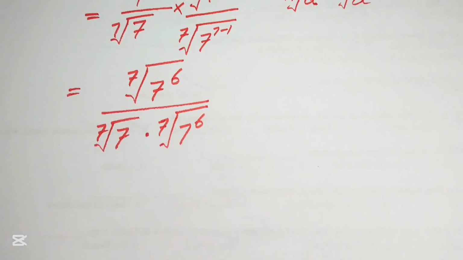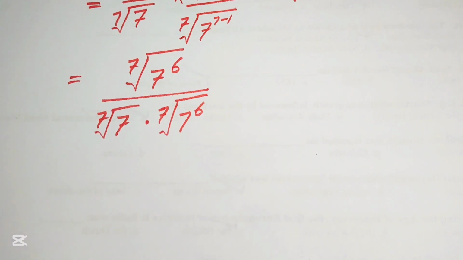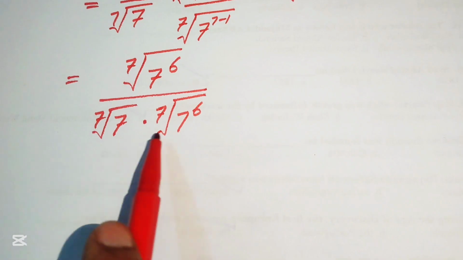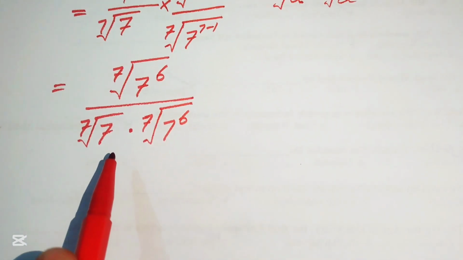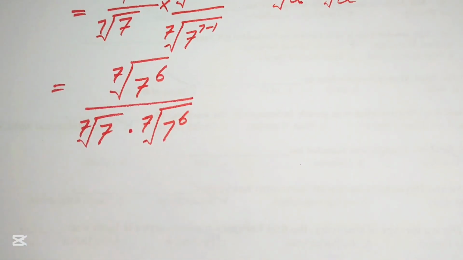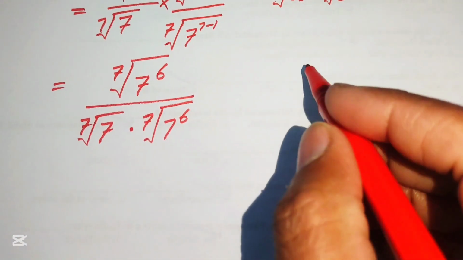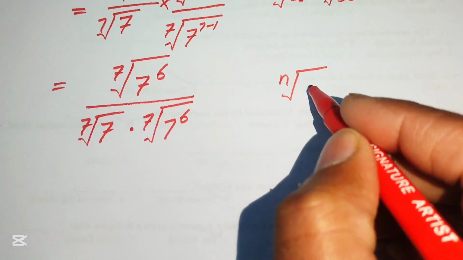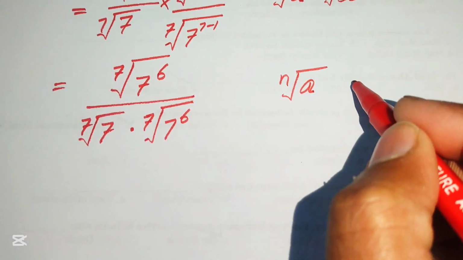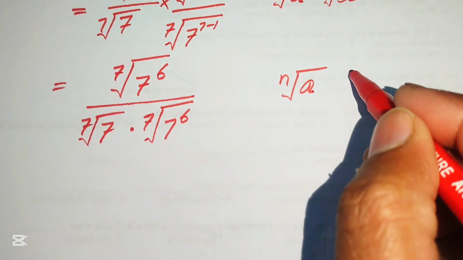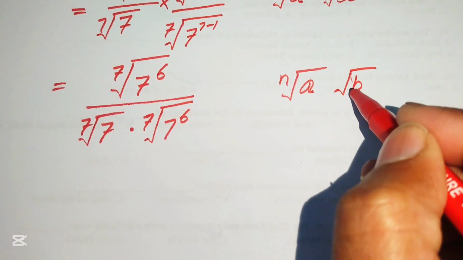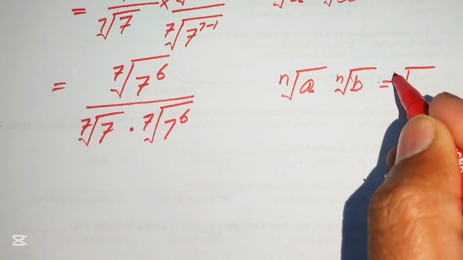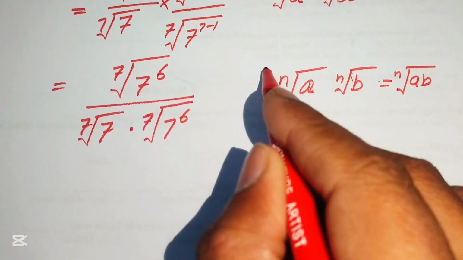In the next step, you see that the bases in both of these terms are the same. After this step, we apply another exponential law. If we have nth root of a multiplied by nth root of b, we combine them and write it as nth root of ab.